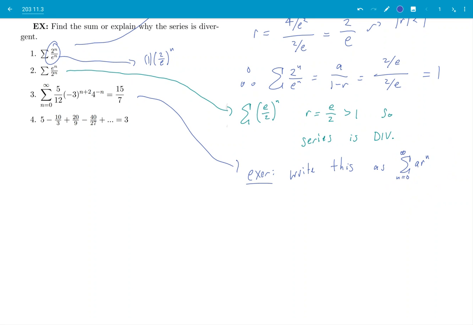So it's worth trying. What I'm going to do instead is I'm going to say a is equal to the first term. So to find the first term, I take my first n value, so it's 0. So I plug n equals 0 into here.